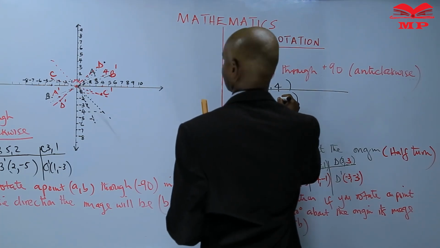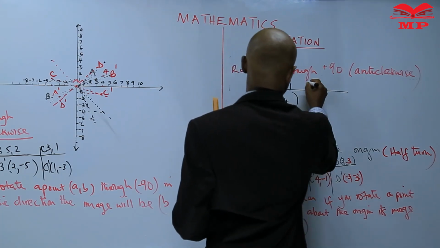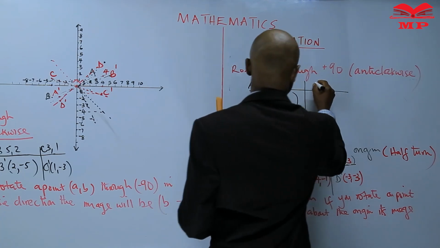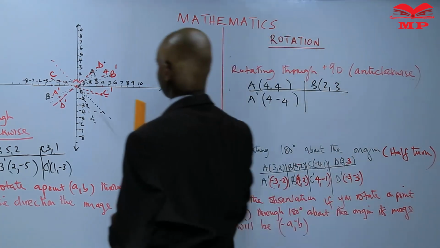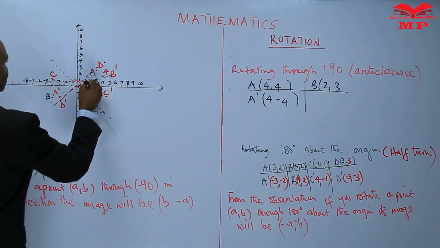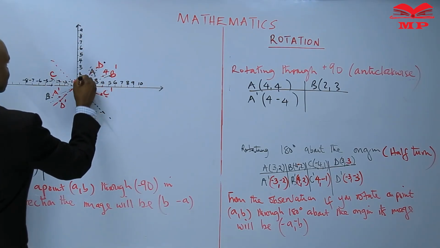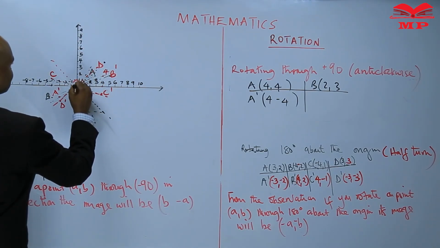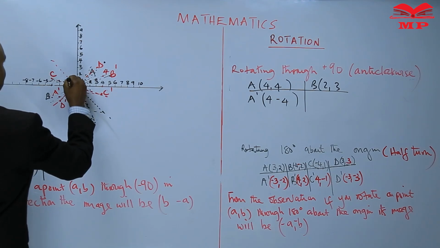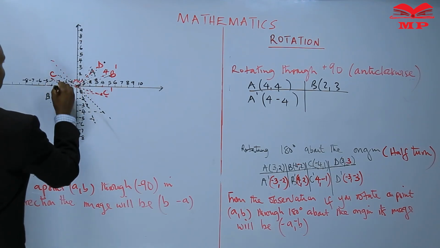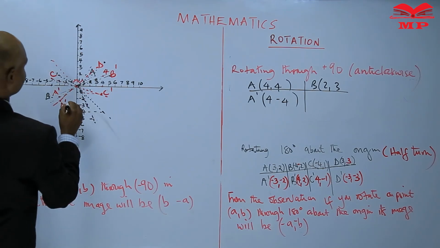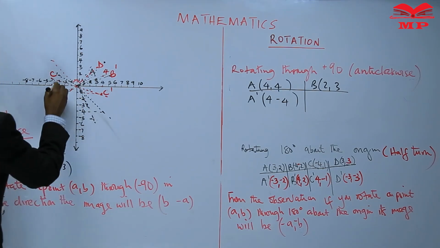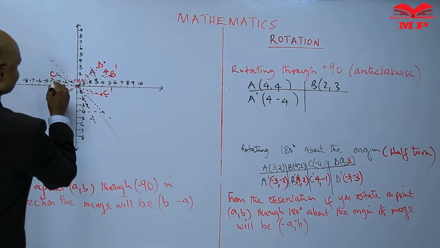Let's look at 2, 3. 2, 3 will come to -3, 2.